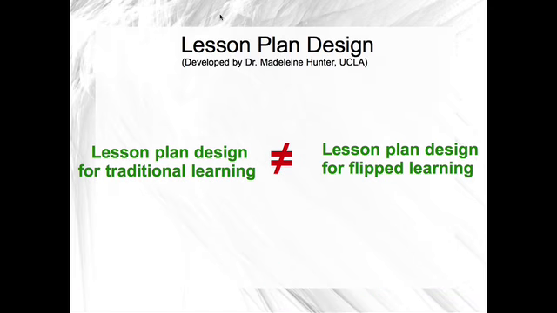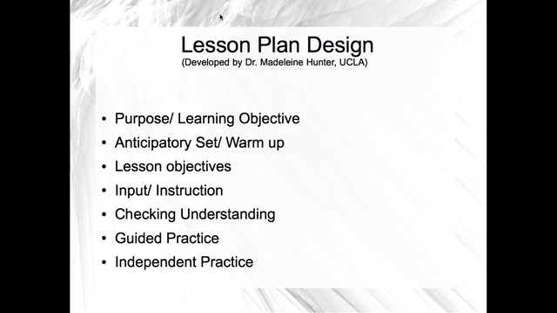Let's compare lesson plan design for traditional learning and lesson plan design for flipped learning. Here we have the 7 steps of the lesson plan design model developed by Dr. Madeline Hunter. We have the first step, purpose or learning objective. This needs to be done before the course starts and is usually indicated in the syllabus of both flipped learning and traditional learning.